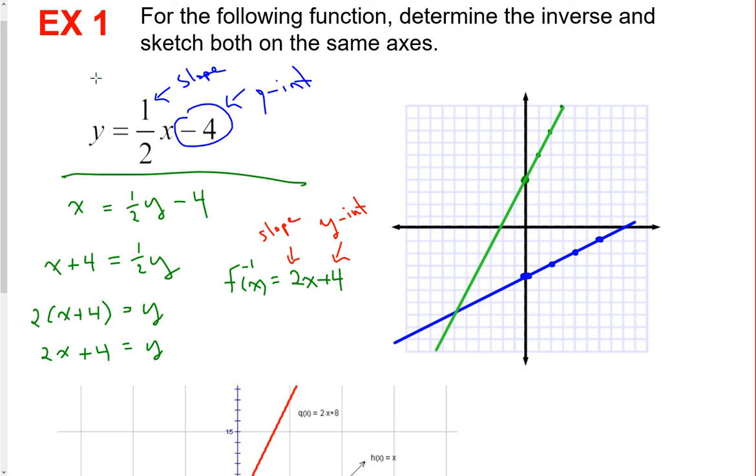If you were one of those students that said, hey, Mr. Roy, I think Mr. Roy made a mistake. Isn't that y-intercept at -4? Isn't that supposed to be down here at -4, not up there at +4? Good on you. Awesome. But next time, let me know if you think I've made a mistake. I do occasionally make mistakes, more often than I care to admit.